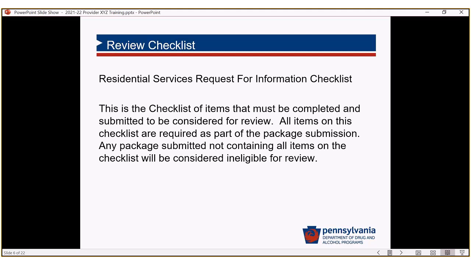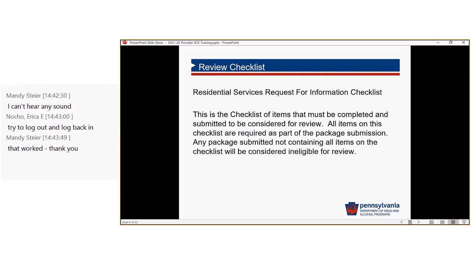So if you're a provider that has been submitting these packets of information for years now, and you kind of have this pack of information put together, and you think you just use the same packet every year, make sure that the information on this checklist is updated, and that everything on here is included, so that your package is reviewed by the SCA.